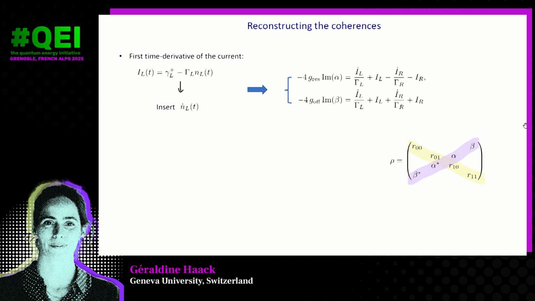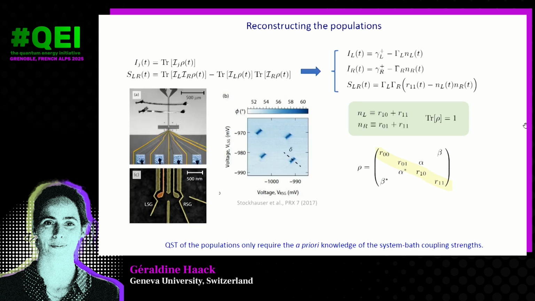So this was for the populations, and now for the coherences. So for the coherences, in fact, as you see, for the current and noise, alpha, beta do not appear. So here that's important. It's not that the dynamics does not depend on the coherences, no?